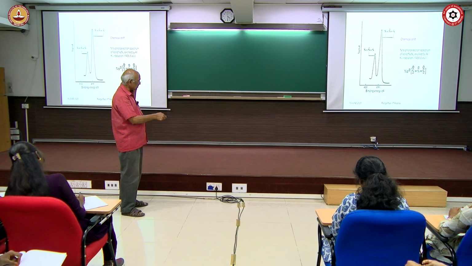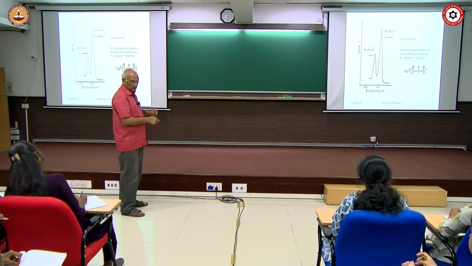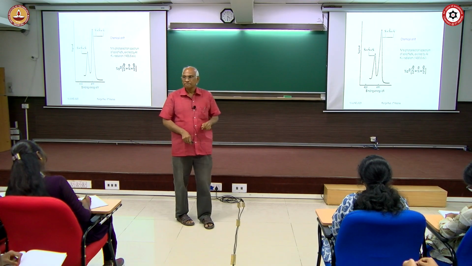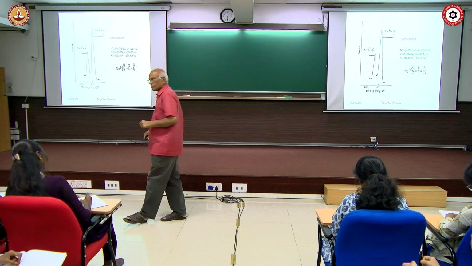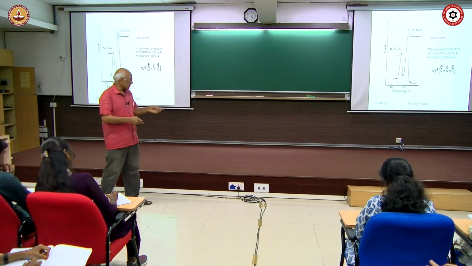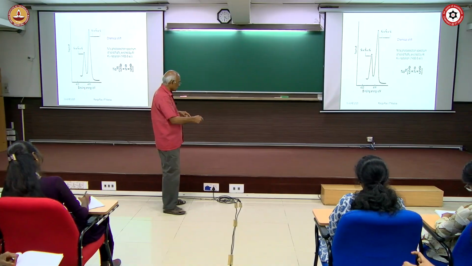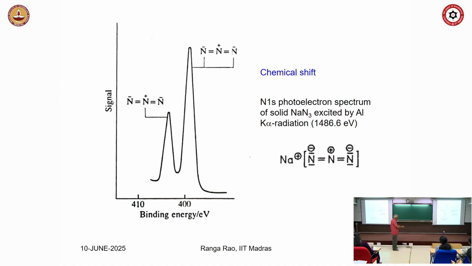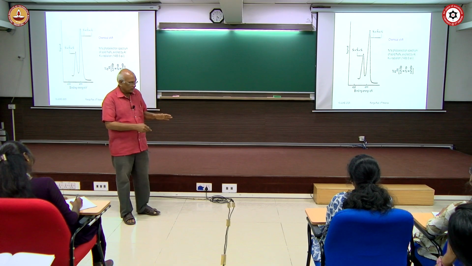The intensity ratio is also matching this. So this is the structure of the azide ion. That is how one can use this. The sodium plus, and the nitrogen positive is the center one, the other two are negative. That is exactly reflected in the N1s XPS spectrum of azide.